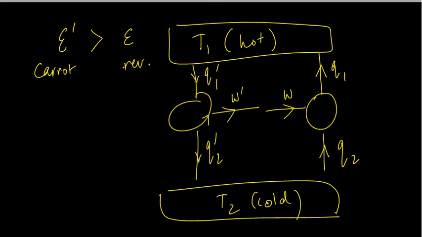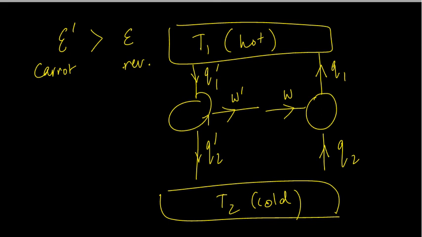Right. So now what I can do is, since the efficiency of this Carnot fellow is more, I can actually remove some work out of this and use this work to pump heat from the cold reservoir to the hot reservoir through the reversible engine. I need some work for this reversible engine, right?